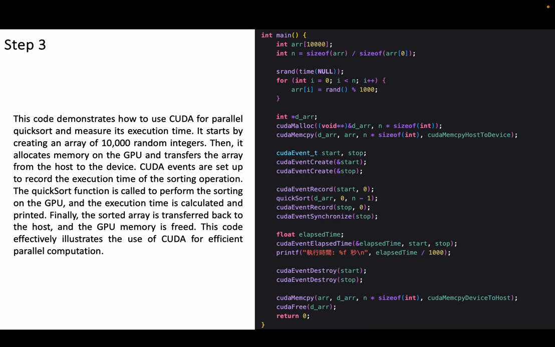In this main function, we write some CUDA syntax, like cudaEventCreate. We use cudaEventCreate for my start time, and cudaEventCreate for my stop time. We also use cudaEventRecord to record the execution time.